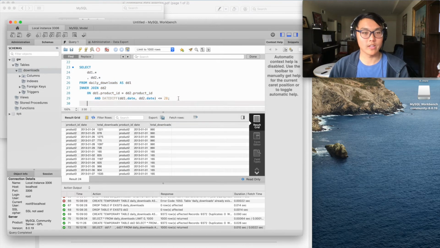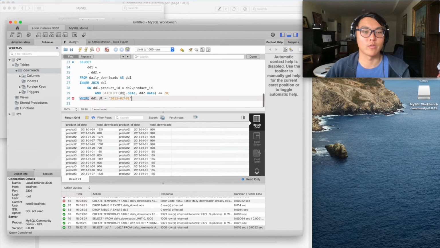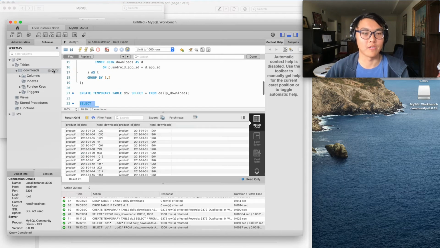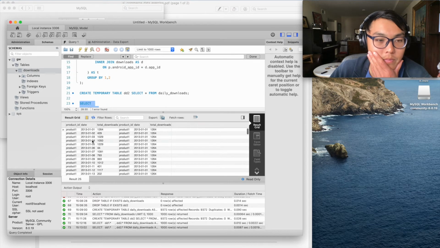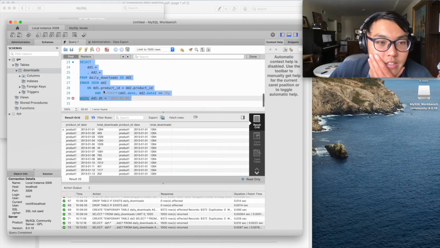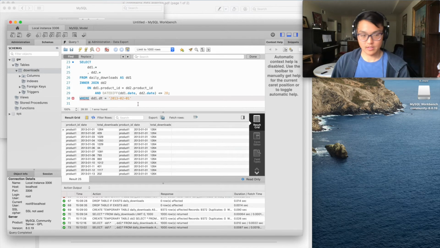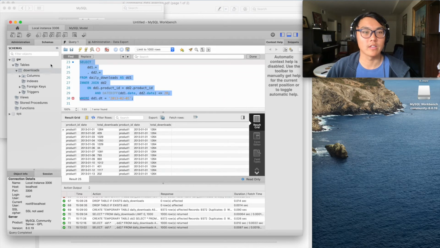So why don't we narrow it down to one day on dd1, because we started out with 2013, so that's why we don't see a number of values behind it. Okay, cool. So we've isolated dd1 dot date. Wait, no, it didn't work. Okay, sorry.